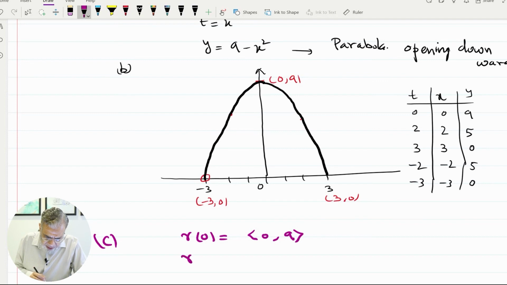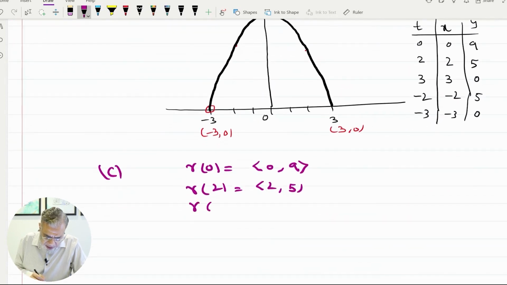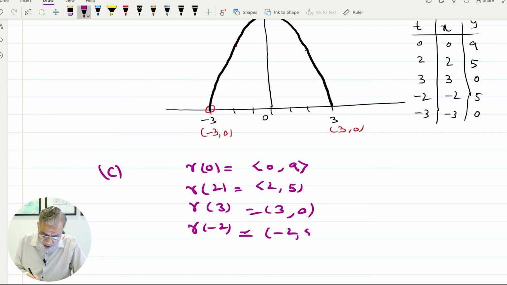And I have r2, which is 2, 5. And I have r3, which is 3, 0. And r of -2, I can take from here, is equal to -2 and 5. And r of -3 is equal to -3 and 0.